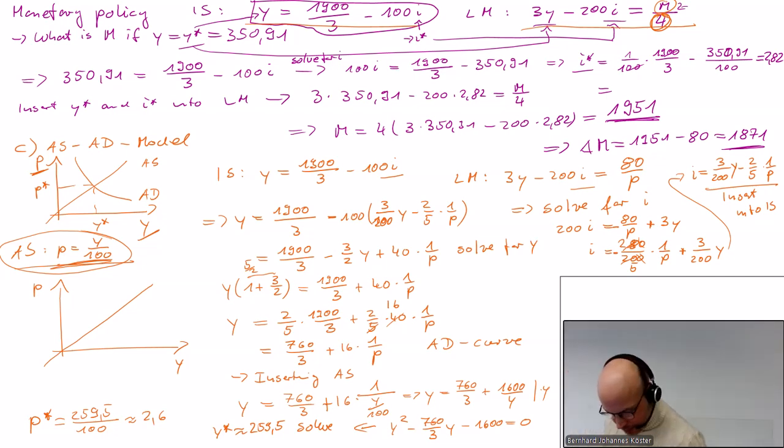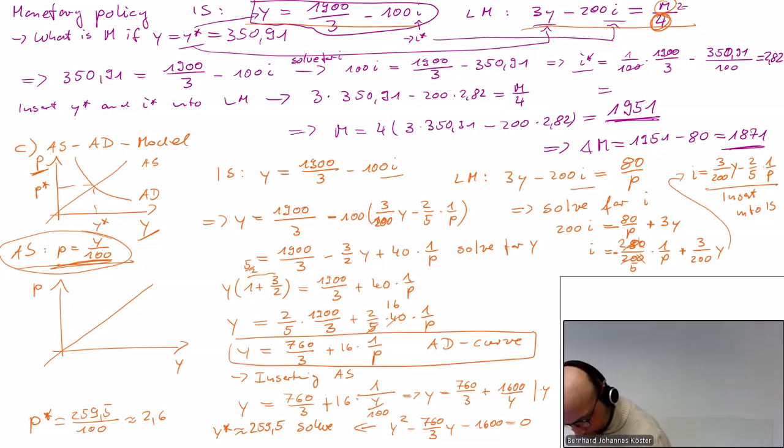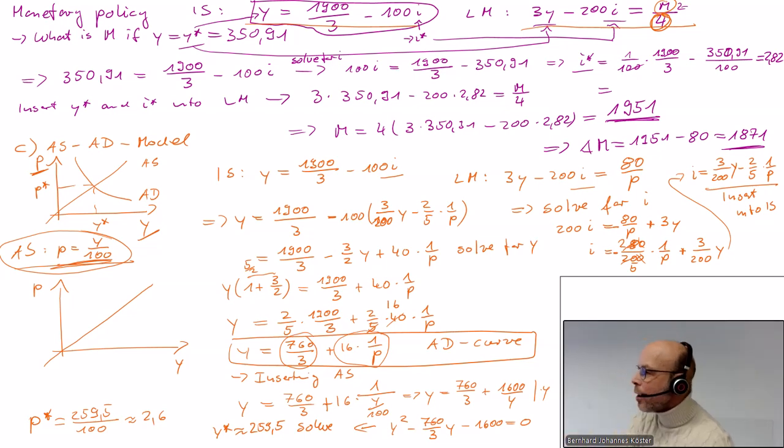So if you should sketch the overall equilibrium, please draw also a linear line starting in the origin and not somewhere else. And the AD curve, this we have here. And there you see, I have a constant part. And this is a function which is just a constant over p. So it is just f of x equals 1 over x. From this we know it is in general a hyperbola.